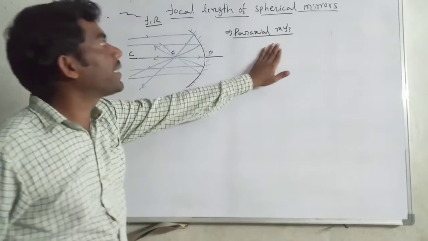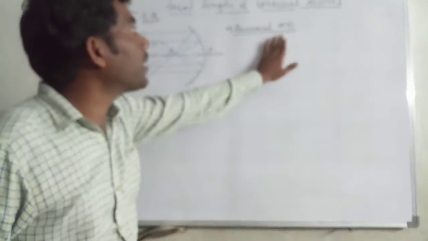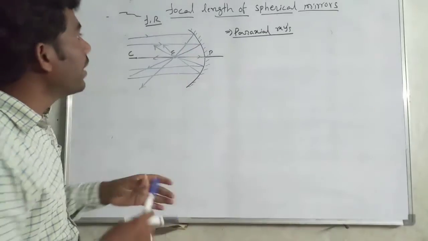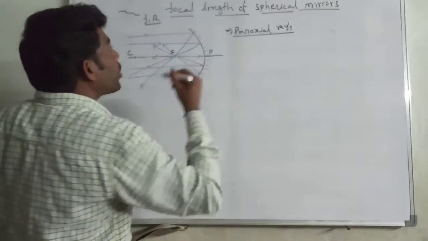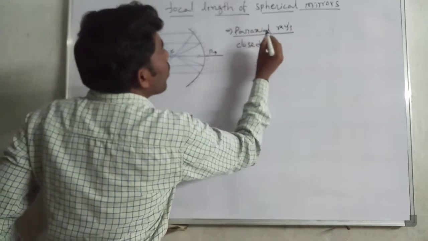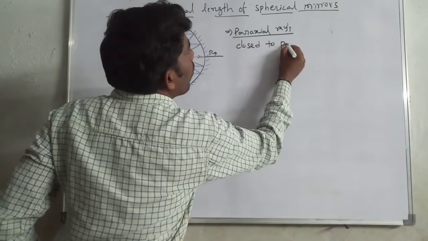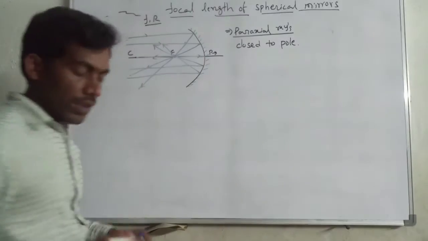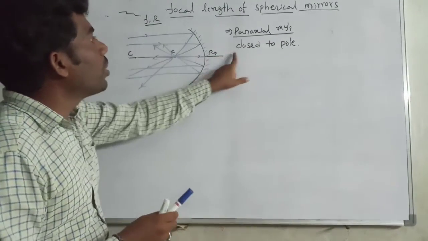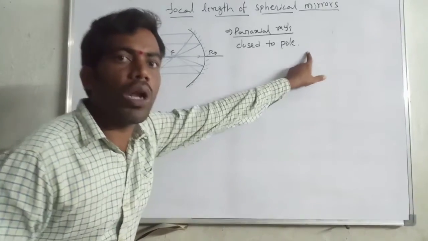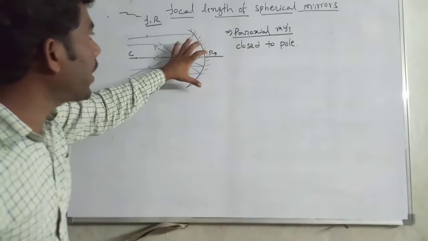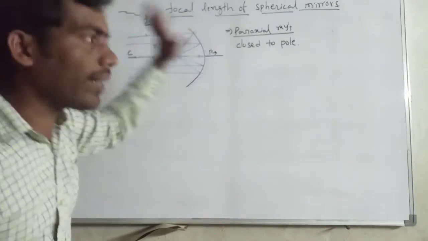Paraxial rays means these rays are incident close to the pole. The incident point is close to the pole of the mirror, whichever mirror is taken. In this case, we take a concave mirror.